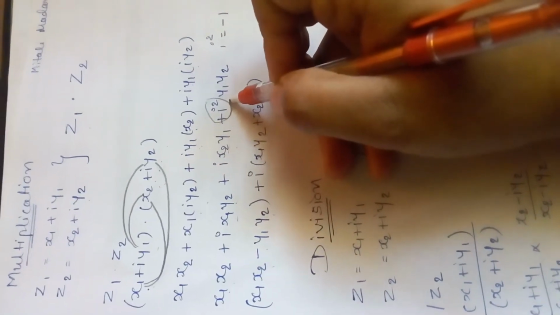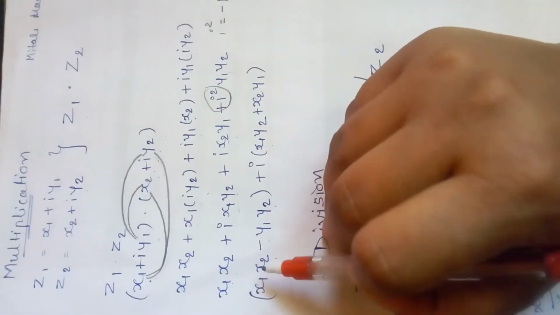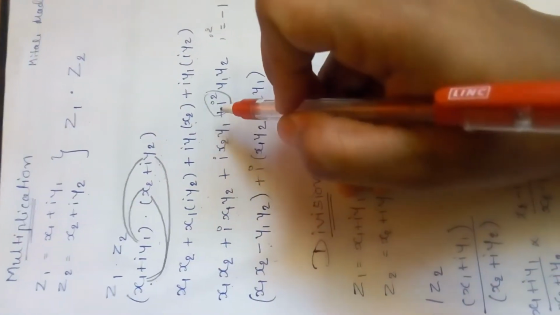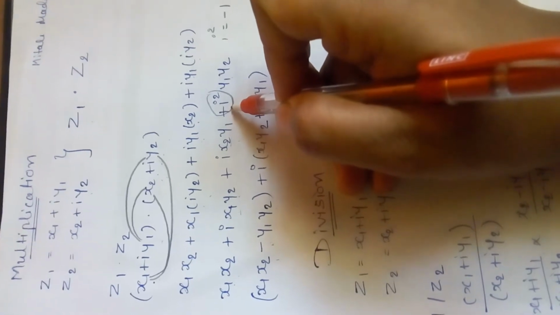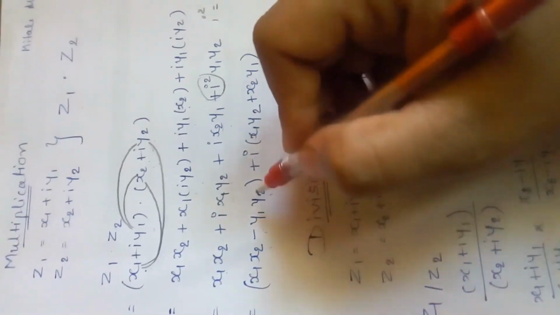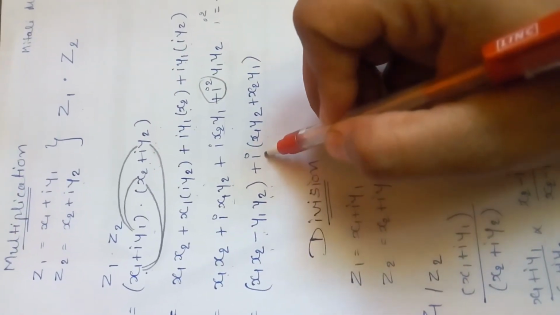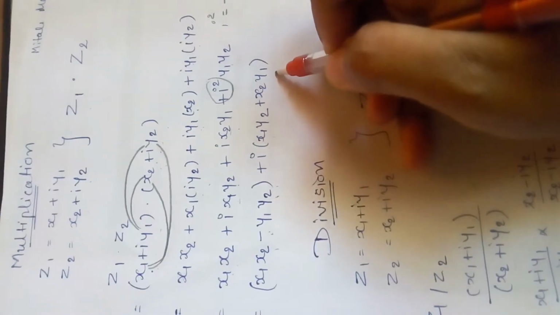So this will become a real part and go with the group of real parts. So x1 x2 minus y1 y2. It was plus first and then it became minus. So the answer would be x1 x2 minus y1 y2 plus the imaginary part i(x1 y2 plus x2 y1).